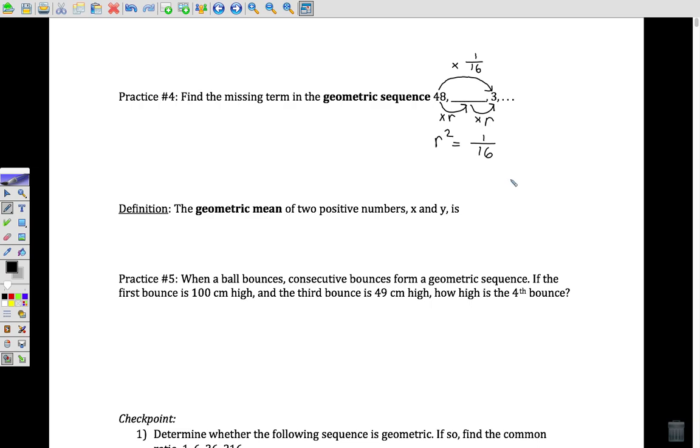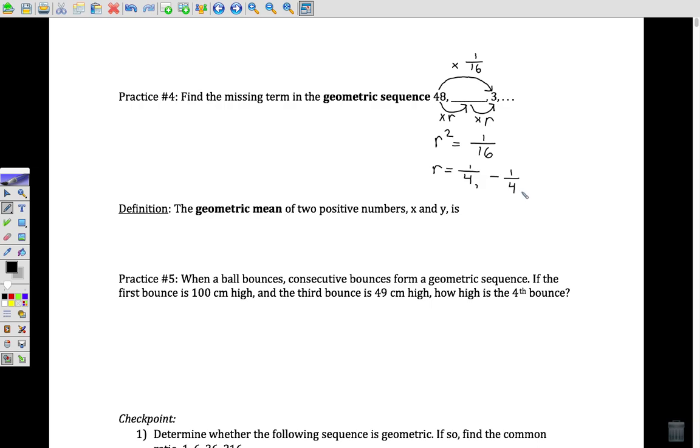Now this didn't come up in the last example when I had r cubed, because the cube root of something has to strictly be positive or strictly be negative. But when I take the square root of 1/16, I get that r could be 1/4, or it could be negative 1/4. The square root of 1/16 is also a negative 1/4.